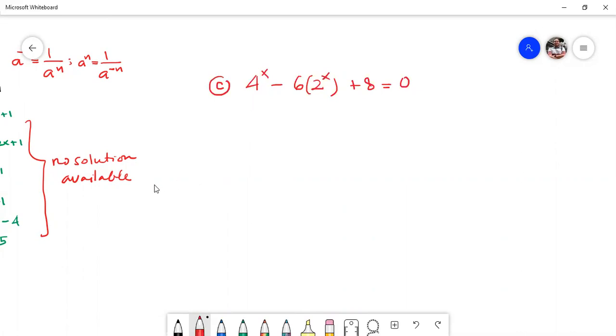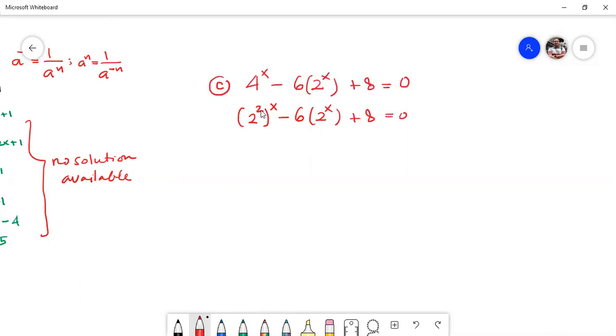So we know directly that 4 is actually 2 squared in a bracket. We have x outside, minus 6 times 2 to the power x plus 8 equals 0.